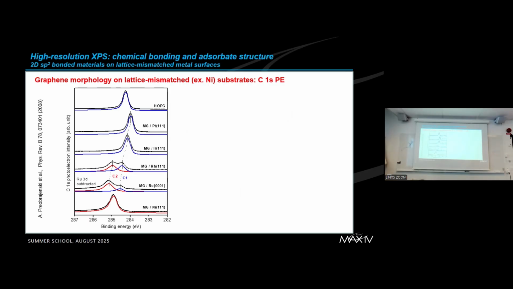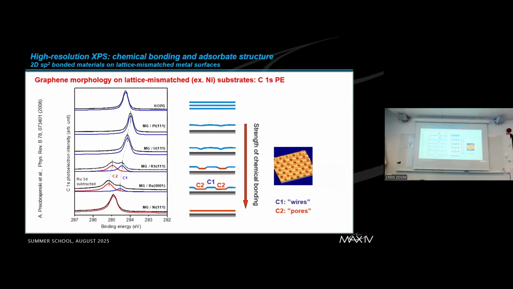This is a monolayer on platinum, monolayer on iridium, monolayer on rhodium, on ruthenium, and a monolayer on nickel. And this is the picture showing what we see here and why we see different chemical components. So on these systems like rhodium and ruthenium, the interaction is strong, the lattices are mismatched, and what we see is a gradual corrugation of the graphene film, so that it's like a blanket.